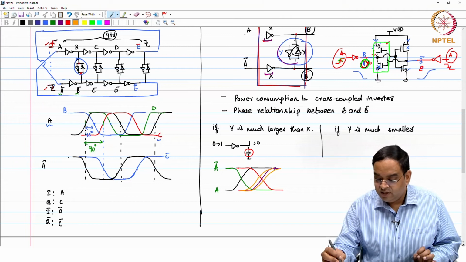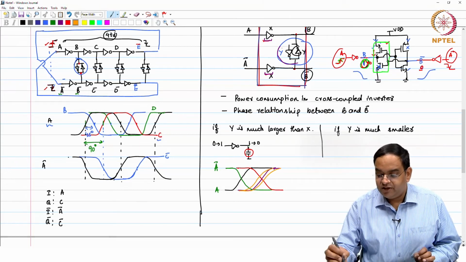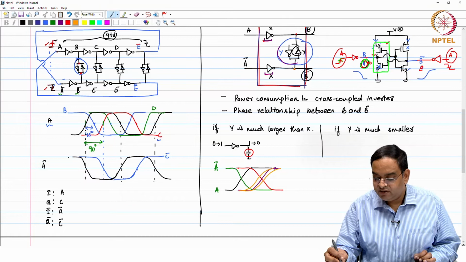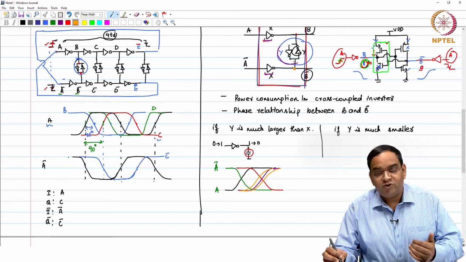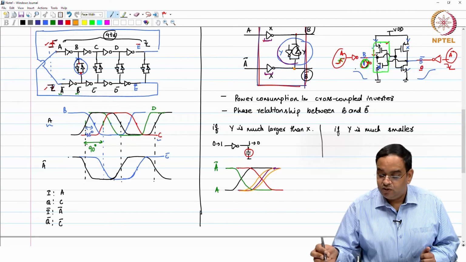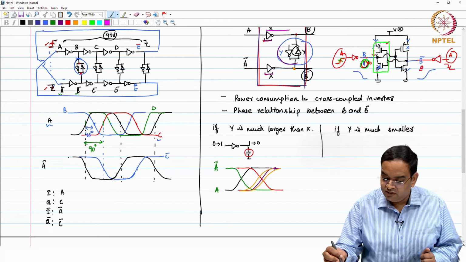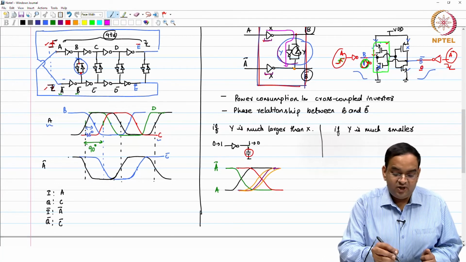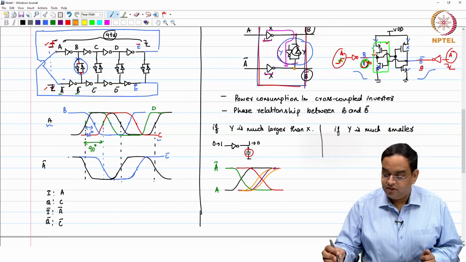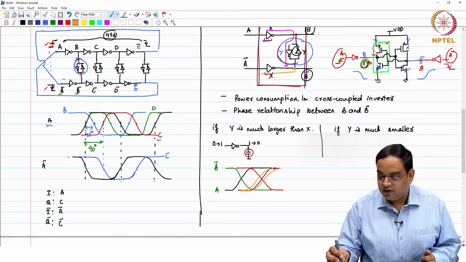What these inverters do is, because I am able to change the output or initiate the change in the output, these inverters are not opposing to a great deal. So, as we saw, any change from this inverter will also get triggered here. Similarly, any change from this inverter will get triggered here.